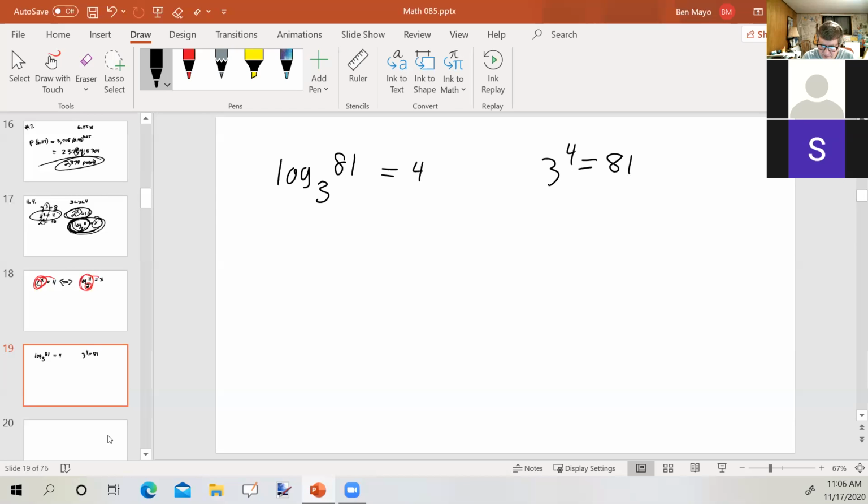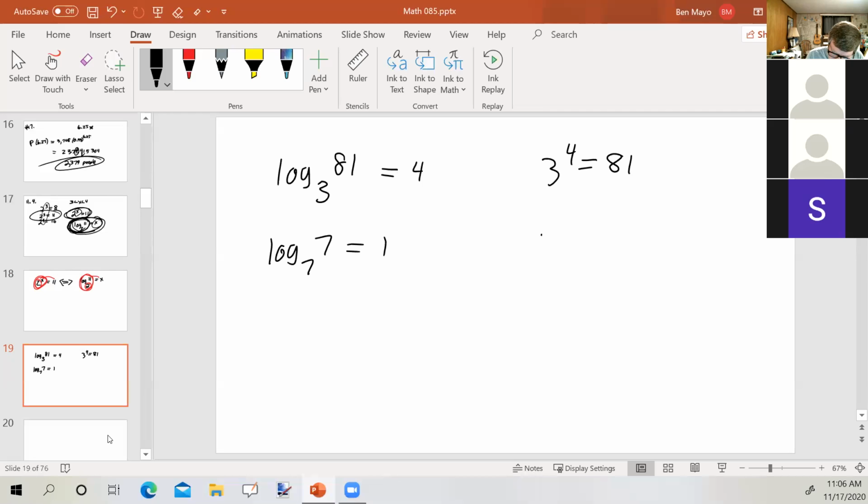The base is the same, but the players change places. You okay with that? All right. Log base 7 of 7 equals 1. What's the base? 7. So 7 to the 1 power equals 7. In fact, let's do this even. I don't know if this will be helpful or not, but we'll see if it is.